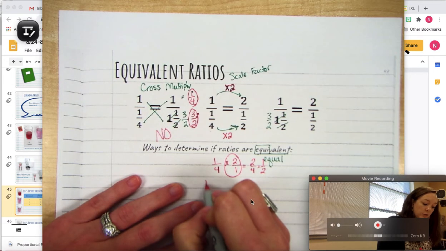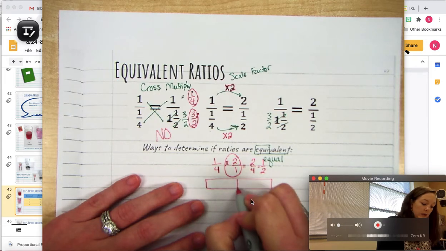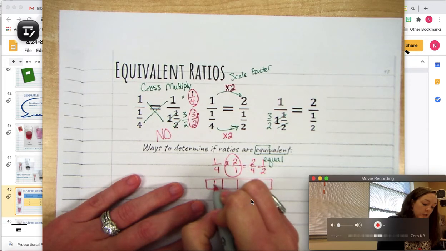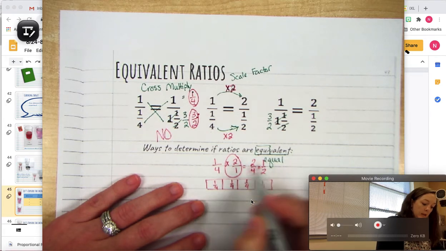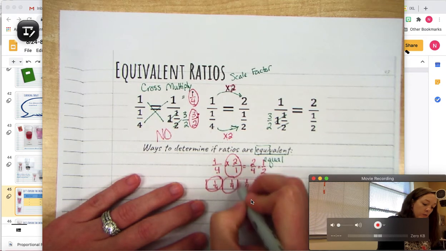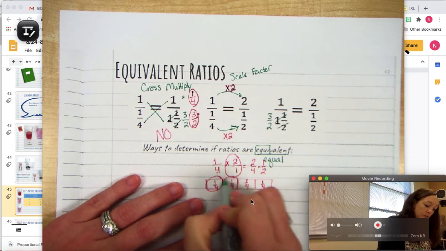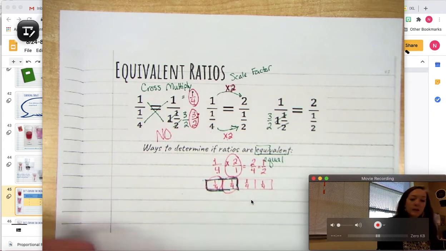Now let's look at the fraction bar. If I have this whole and I cut it into fourths, each of these is 1/4. And I have 1/4 and I multiply it by 2. So I've got 1/4 here and 1/4 here. What does that give me out of that whole? It gives me half.